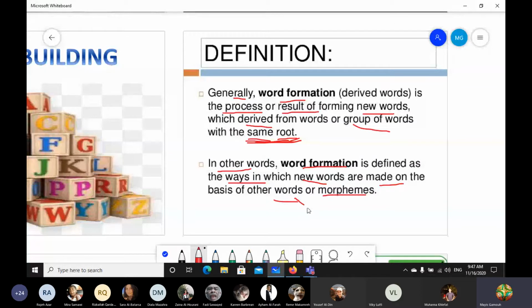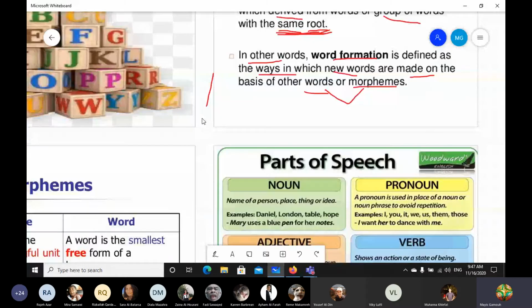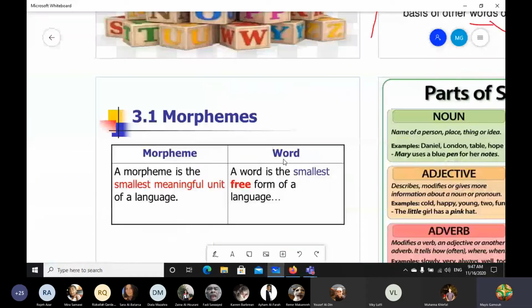Okay, Zena. Now let's go to our next slide and know the difference between the root and the morpheme. Here we say that the morpheme is the smallest meaningful unit of a language. And here it also differs from the syllable.